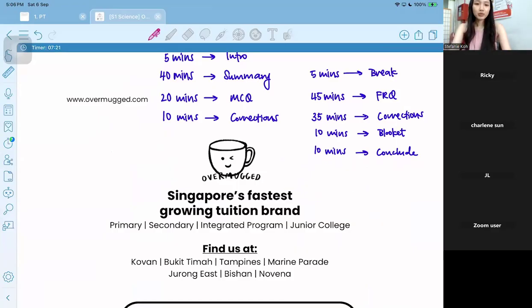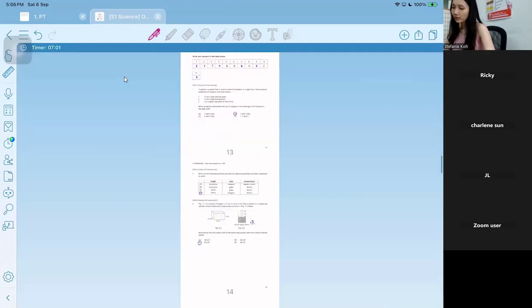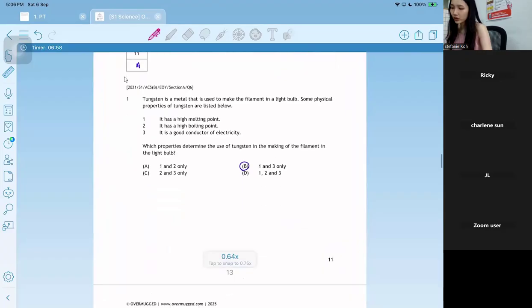Then we will go through the booklet, and then we're done. MCQ only. Then I'll go through in about 5 minutes' time. Okay, finish up as much as you can for those who are still trying.